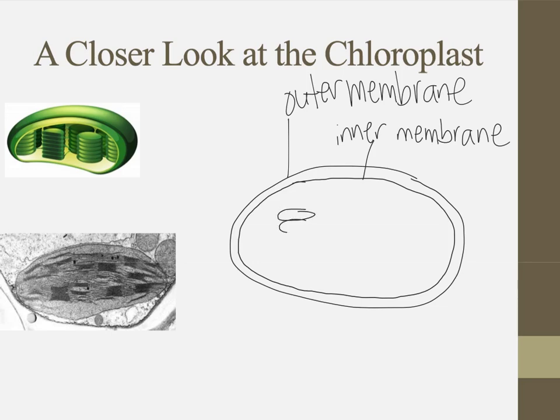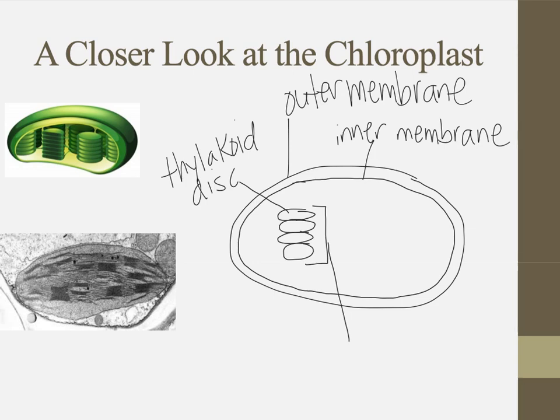Okay, we have these discs, and these are called thylakoid discs. So each little pancake looking thing is a thylakoid disc. A whole stack of them is called a granum.